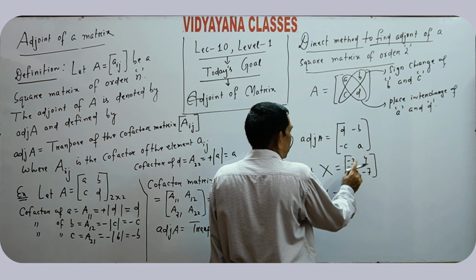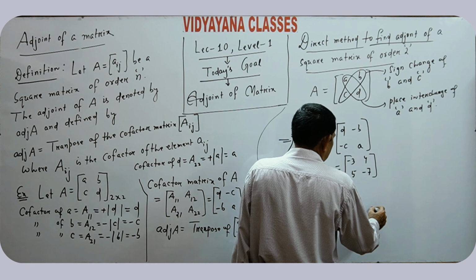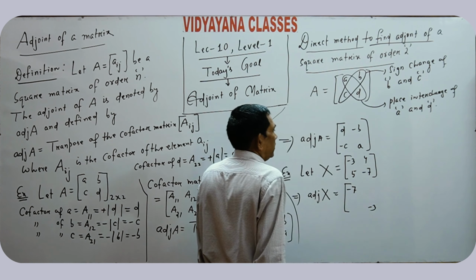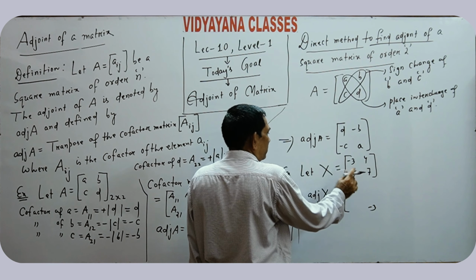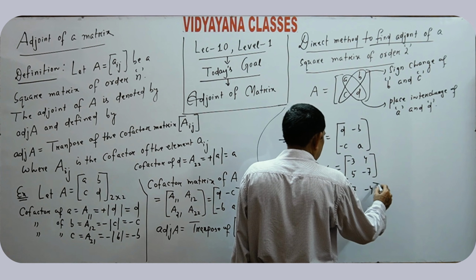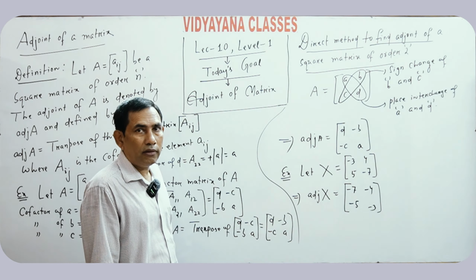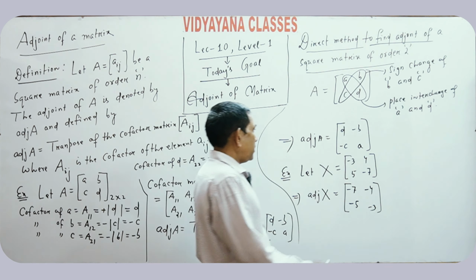Minus 3 is replaced by minus 7, minus 7 is replaced by minus 3. Sign change of 4 and 5, that is minus 4 and minus 5. It is the adjoint of X. Clear? Next example.